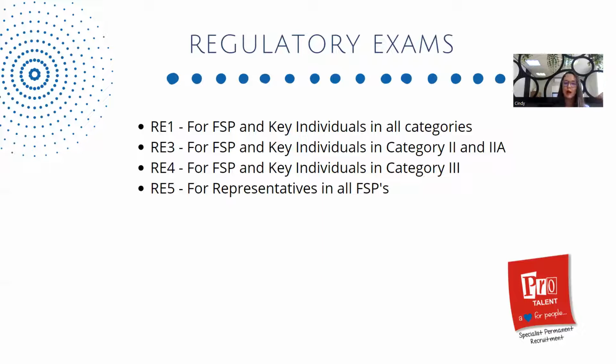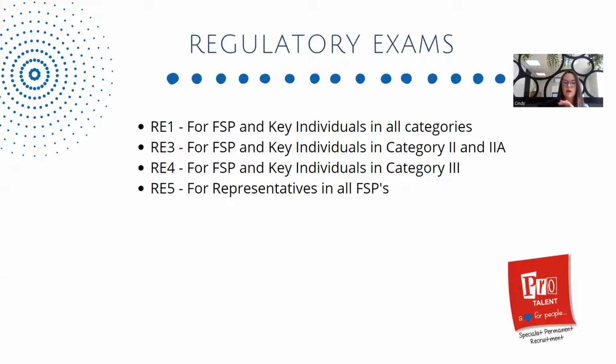The RE1 is for financial services providers and for key individuals in all categories. The RE3 is for FSPs and key individuals in category 2 and 2A. So an RE3 needs to be written in addition to an RE1.